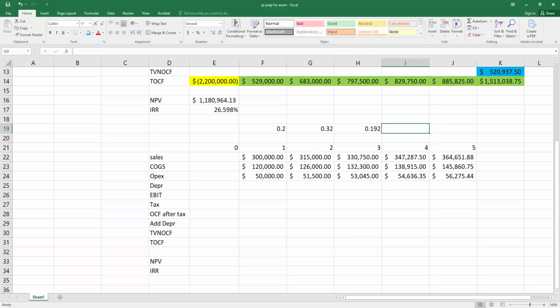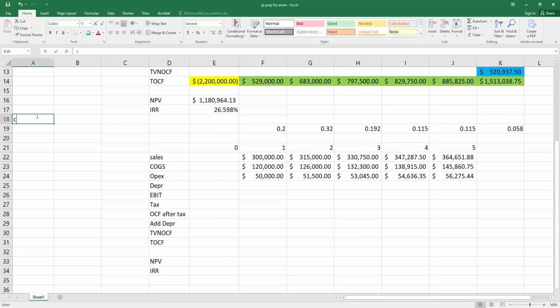What else? Like this. Remaining balance. Okay.